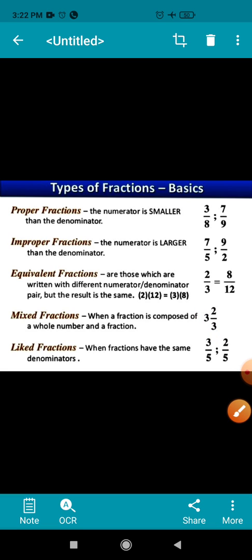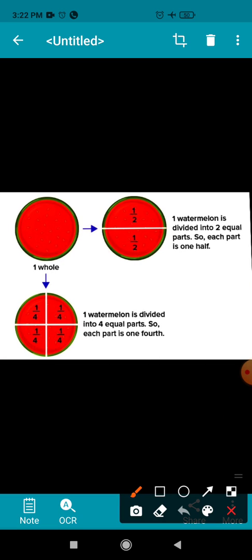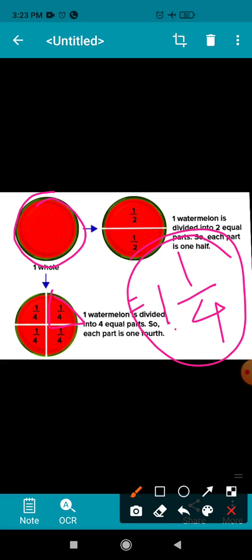Children, here you can see this is one whole watermelon, and if I take this part, then the watermelon will be one whole 1 by 4. So this is a mixed fraction: one whole watermelon and 1 by 4 part of a watermelon.